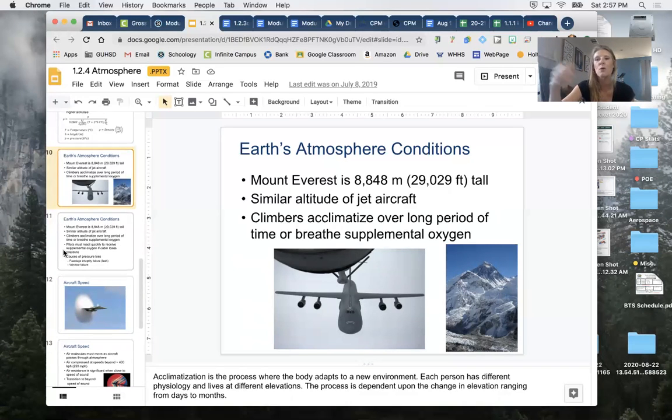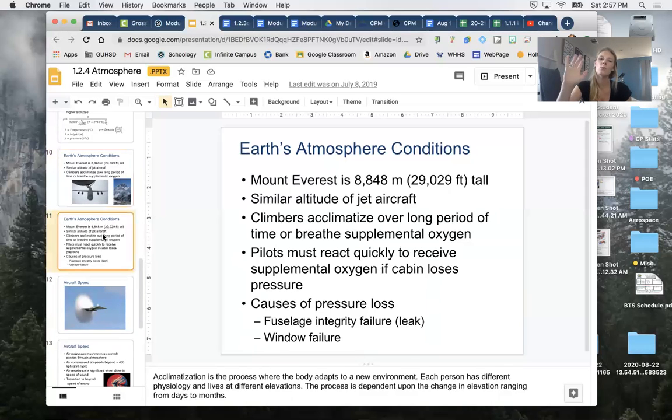It is always snowy up there, and the atmospheric conditions are different than, let's say, San Diego. There's loss of pressure, people get altitude sickness, obviously, and there are very low oxygen levels up there.